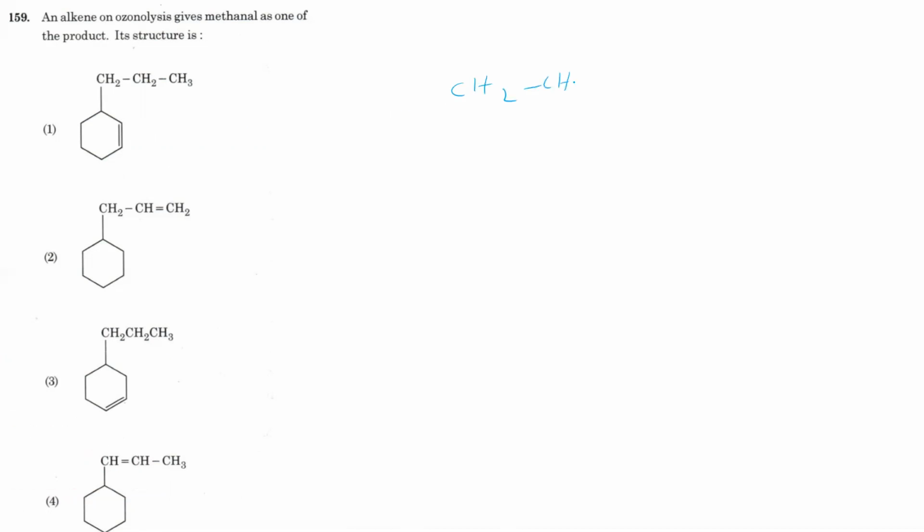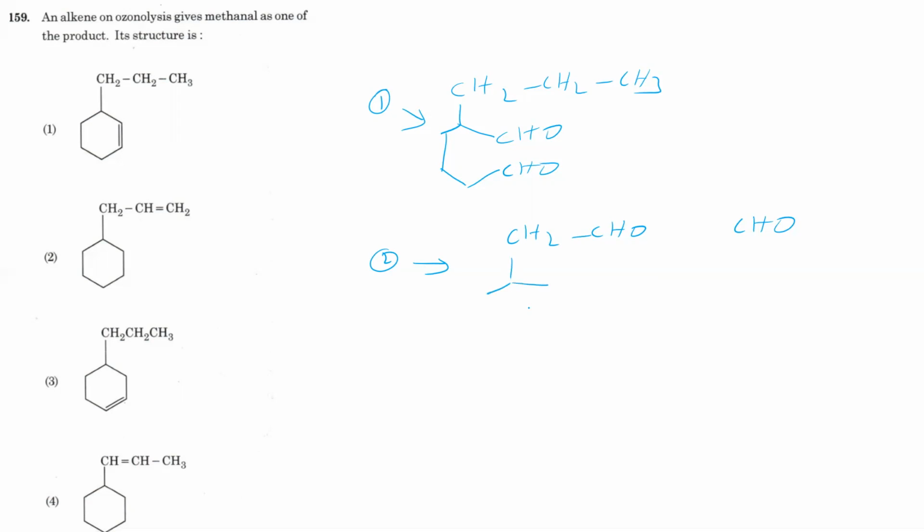When the double bond is broken, this becomes CHO, and this becomes CHO. So the first one will give this compound. For the second one, you break the double bond and write the remaining parts as carbonyl compounds. Here this CH2 becomes formaldehyde, and this CH becomes CHO.